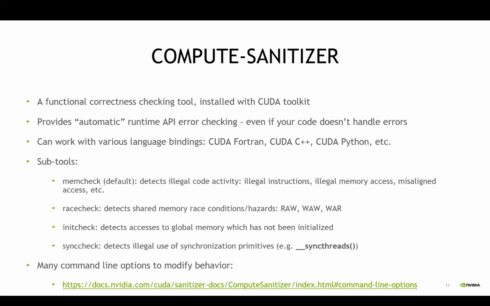Compute Sanitizer is a tool that has multiple subtools. The default tool we'll refer to as the memchecker or the memcheck tool, and this detects all the things that we've talked about so far, like runtime API error checking. It also detects illegal code activity in device code: illegal instructions, illegal memory access, misaligned access, things of that nature.